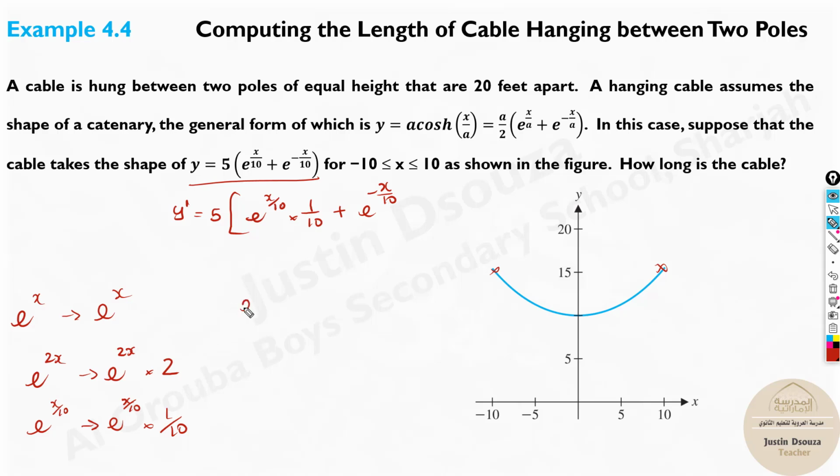Do you remember the derivative of e to the power minus x? It is minus e to the power minus x. Now what happens when we have e to the power minus x by 10? It's going to be minus e to the power minus x by 10 multiplied by 1 by 10.